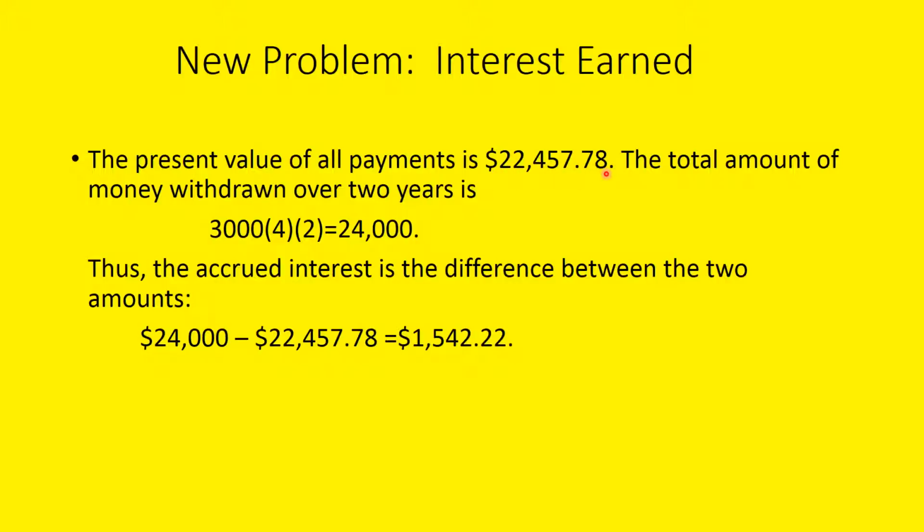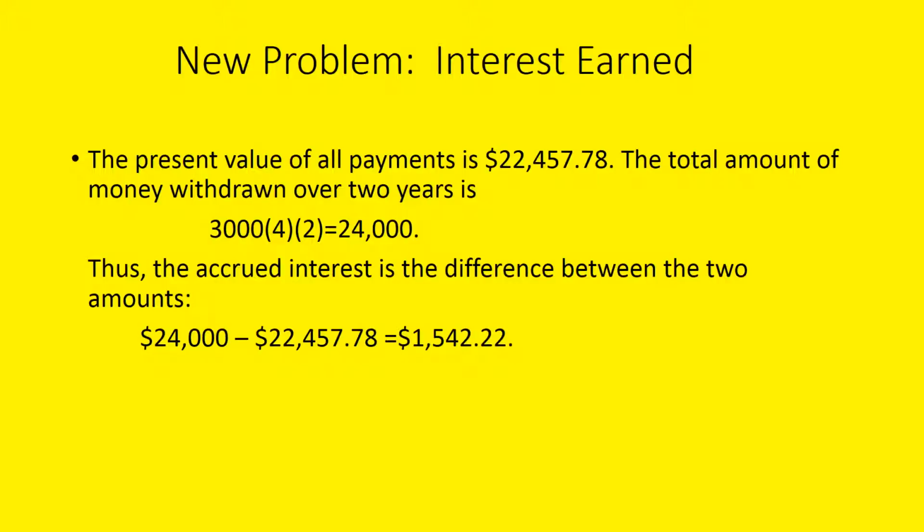And you paid it up front, so the present value of the 24,000 that would eventually be withdrawn was less than that, 22,457.78. And we could also talk about the amount of interest earned, which of course is the difference, 1,542.22.